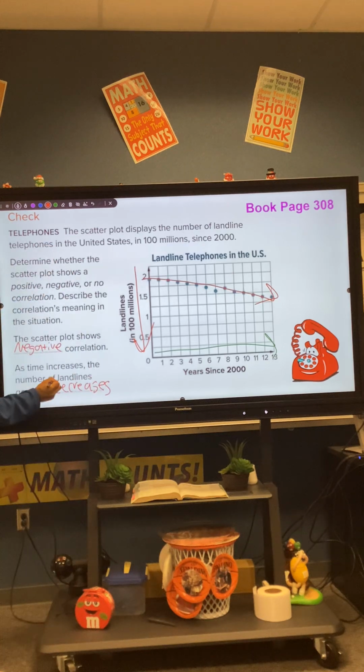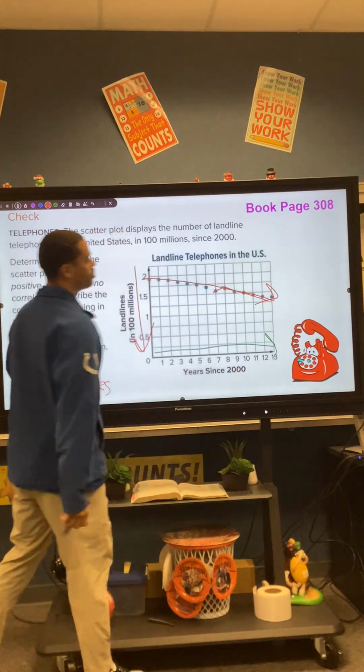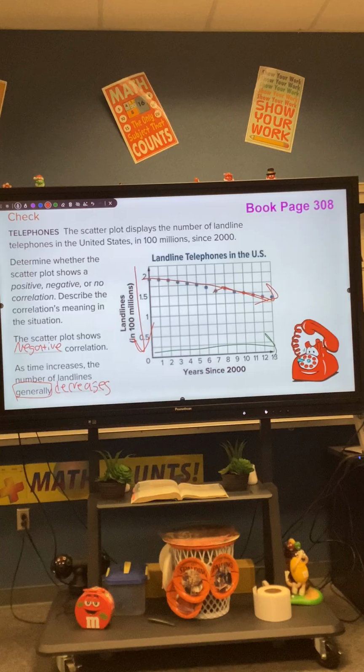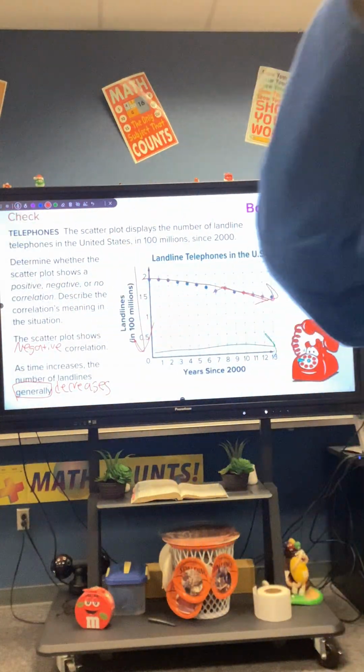This word generally is huge because if you look, we have a slight increase here, but as a whole, they're going down. Y'all got that down? You got your picture?